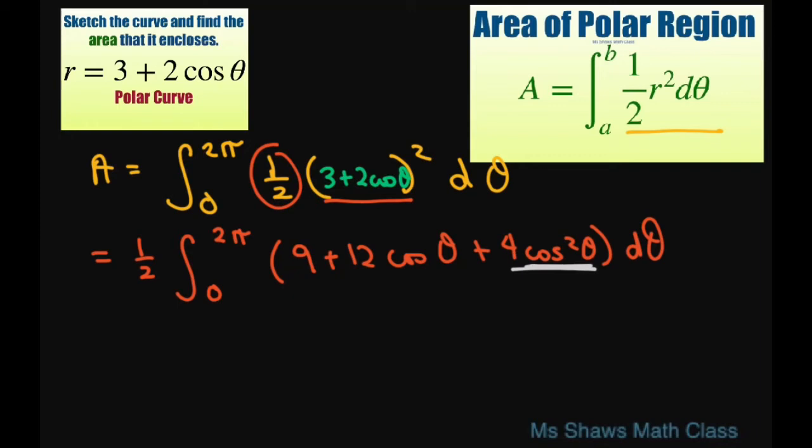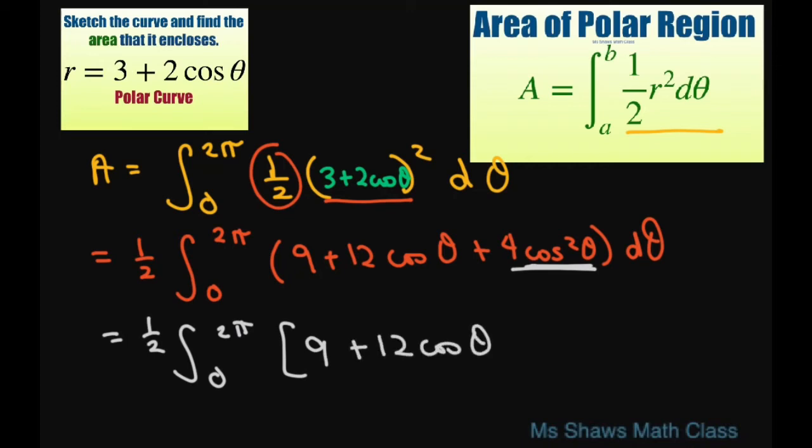So I'm going to write this as 1/2, the integral from 0 to 2 pi, and copy down my 9 plus 12 cosine of theta. And then for this piece, I'm going to write plus 4 times 1/2 times 1 plus cosine of 2 theta.